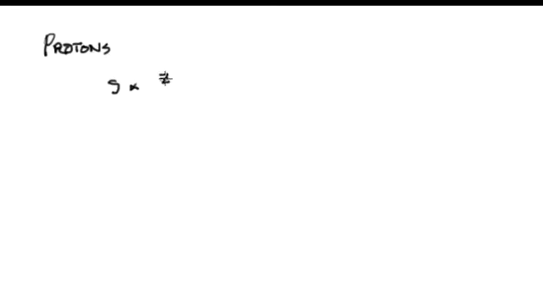So far we've been talking about what happens with the electron when it interacts with matter, and I just want to spend a few minutes talking about the case for protons and how that's a little bit different. The stopping power for protons is given by the Bethe-Bloch formula, and I won't really go into it, but it's basically proportional to z squared, which is the atomic number of the particle.